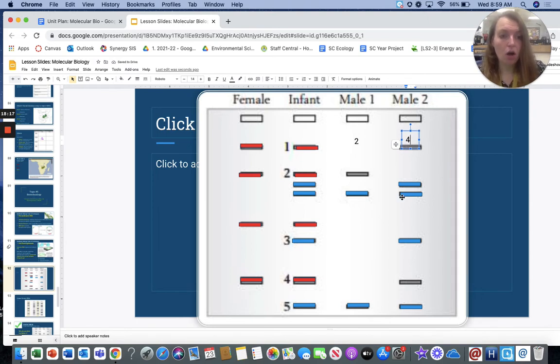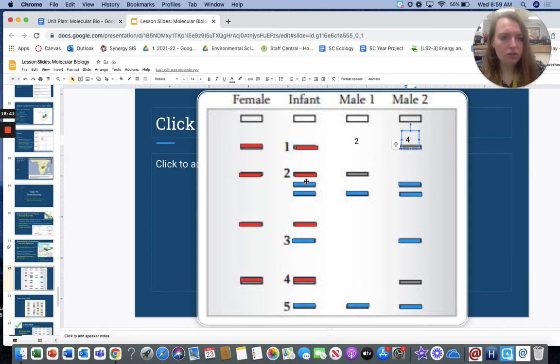And so we would probably err on the side of, how they usually say, we're 99% sure, right? There's a certain percentage, but we're fairly sure that male number 2 is probably the father. Male number 1, there's not as much match.